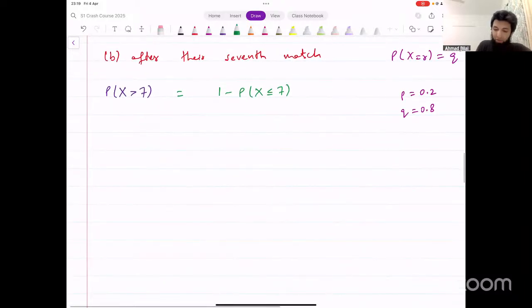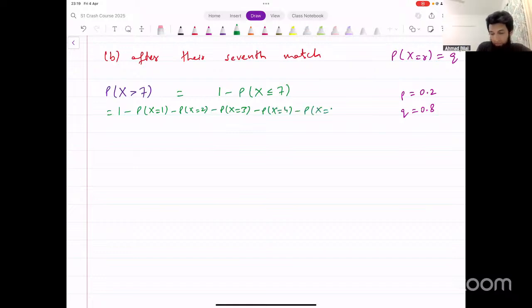That you say, okay, 1 minus probability of x equals 1, x equals 2, x equals 3, x equals 4, x equals 5, x equals 6, and x equals 7.